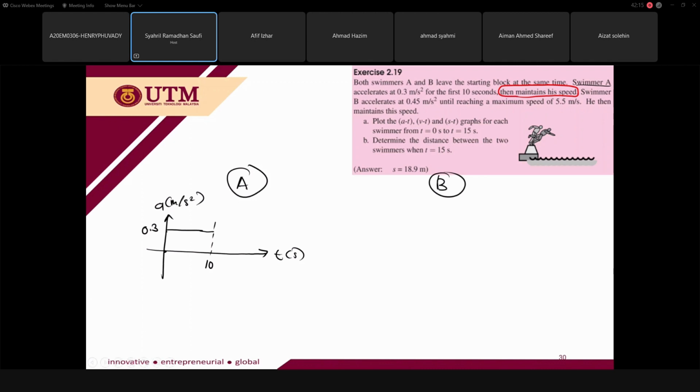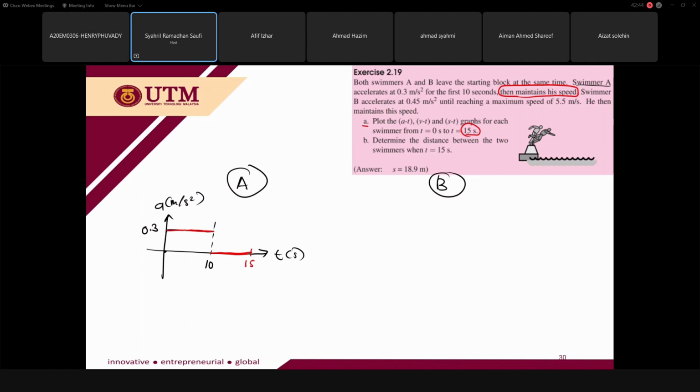So after 10 seconds, swimmer A maintains his speed, constant velocity, then you will have zero acceleration. In the question it's mentioned that the swim is for 15 seconds, so the end point of the time here should be 15 seconds. This one is for swimmer A.